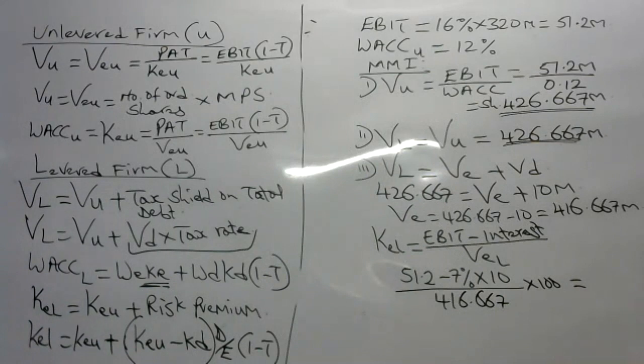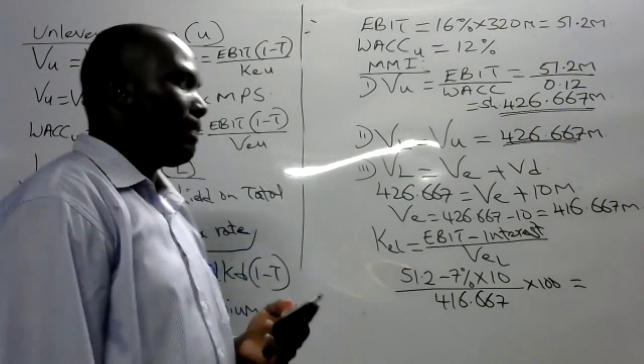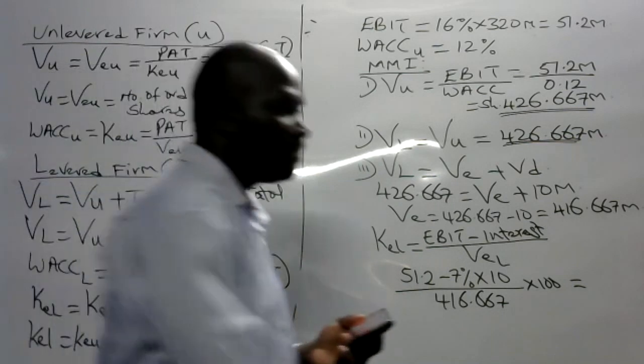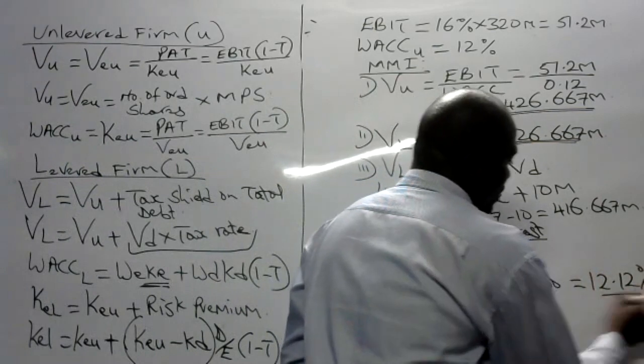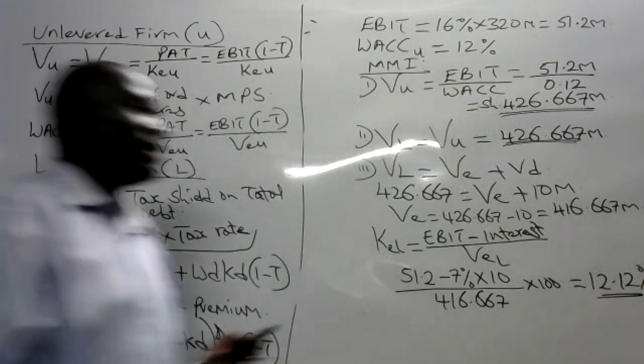What is the cost of equity? How much? 12.12%.